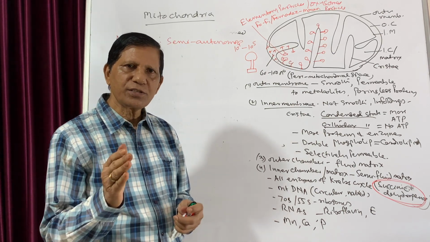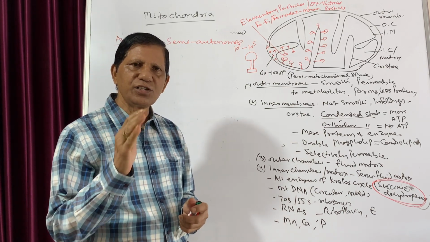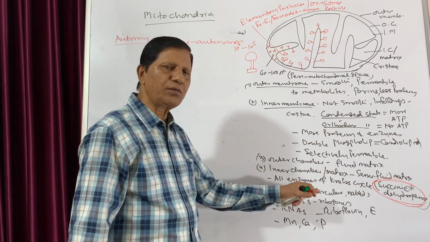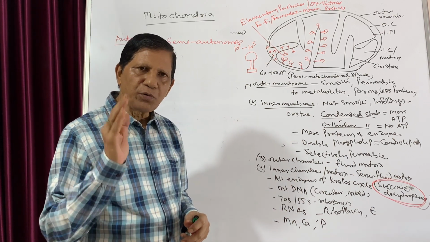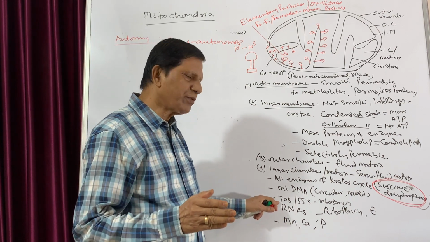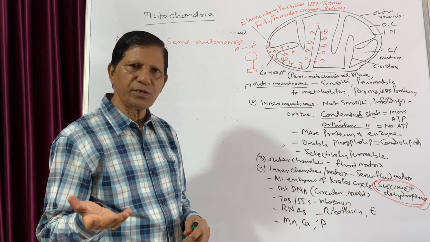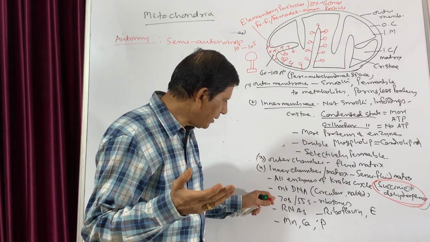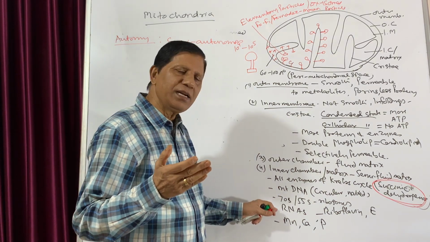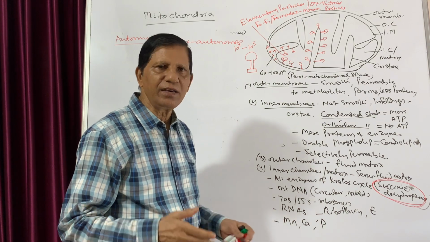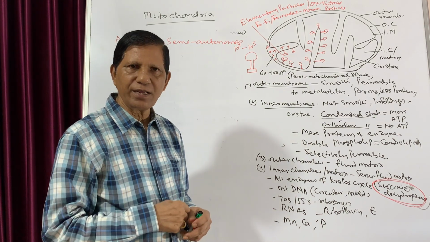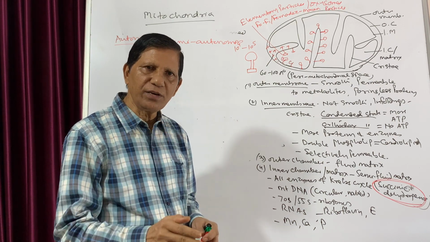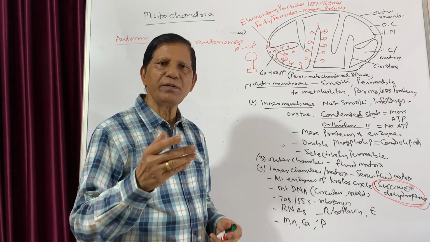In prokaryotes, the DNA is circular and naked. Here also the DNA is circular and naked. In prokaryotes, 70S ribosomes are there. Here 70S ribosomes are there. In addition to that, here also all types of RNAs are there, and also in prokaryotes RNA is there. And the prokaryotes divide by fission. The mitochondria also divide by fission.